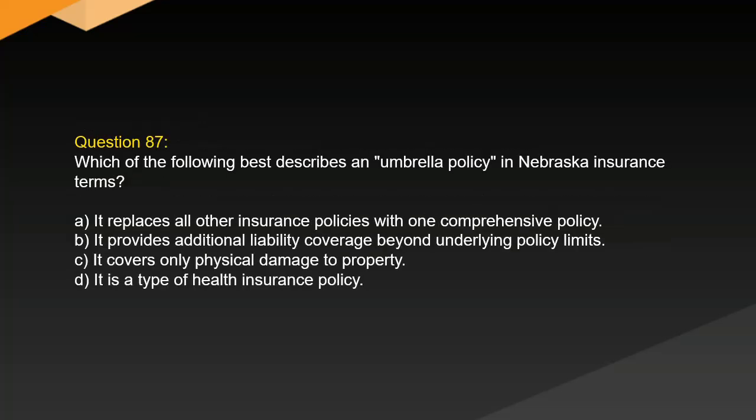Question 87. Which of the following best describes an umbrella policy in Nebraska insurance terms? A. It replaces all other insurance policies with one comprehensive policy. B. It provides additional liability coverage beyond underlying policy limits. C. It covers only physical damage to property. D. It is a type of health insurance policy.